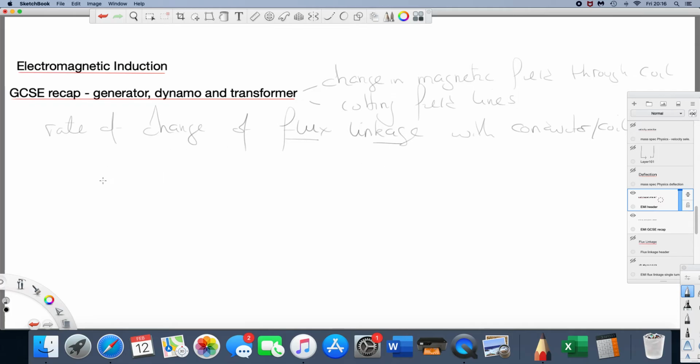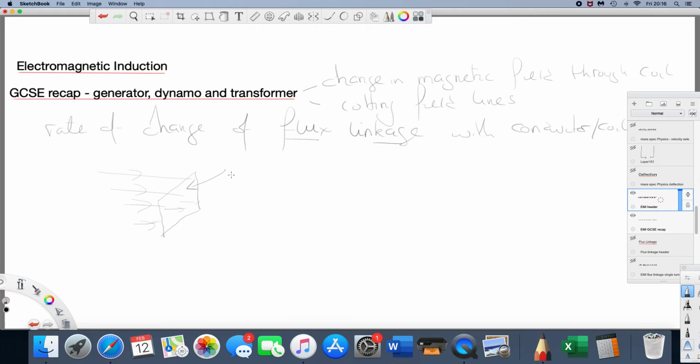If you think about the flux field lines through a coil, let's say this coil has a single turn. So there you have the flux through that turn.